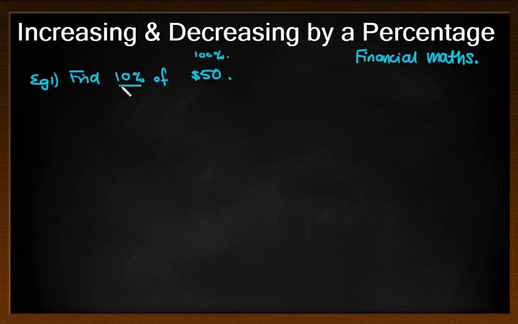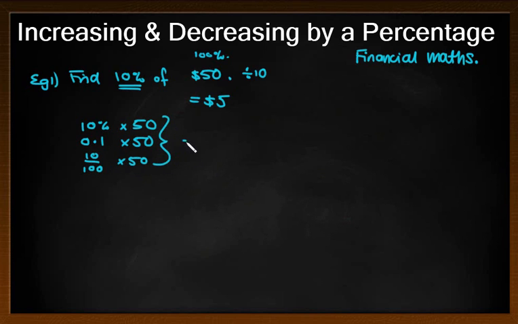Therefore, if I just want 10% of it, we can just divide it by 10, which equals $5. The mathematical way would be doing 10% of $50, or 0.1 times $50, or 10 over 100, or an equivalent fraction times $50. All of those answers would still give you that $5.